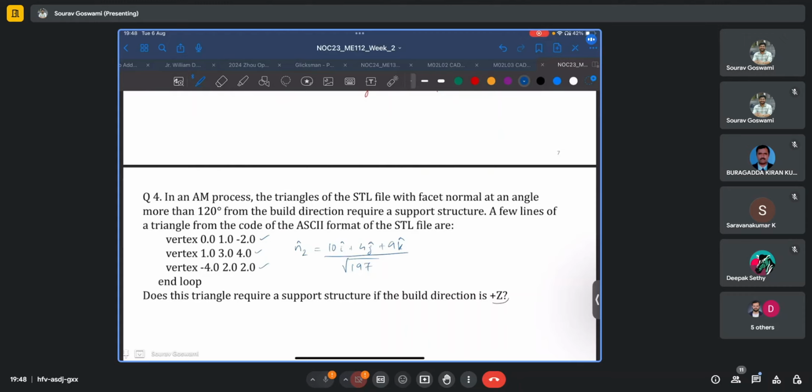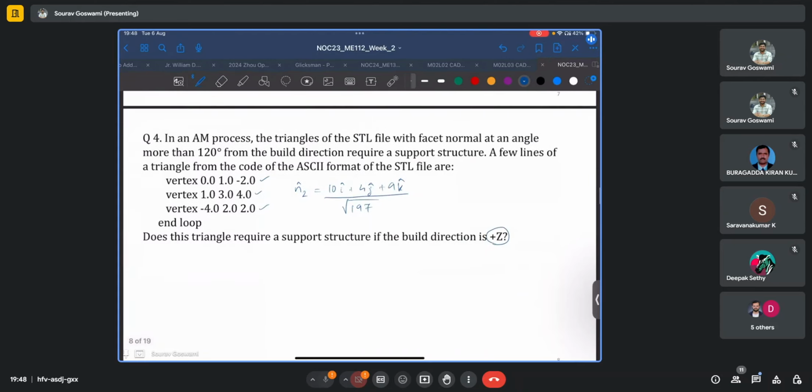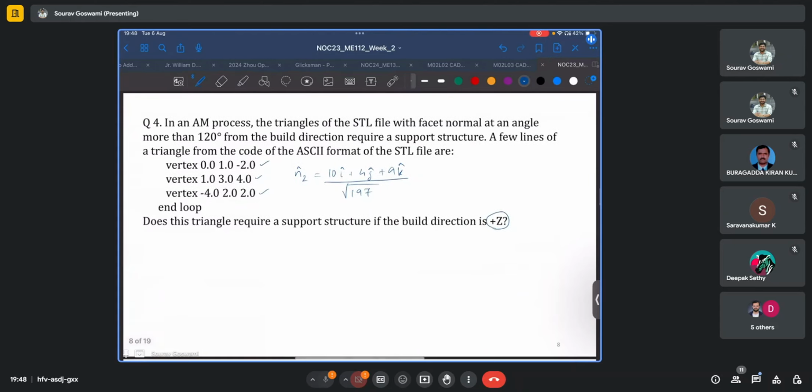The build direction is specified as plus z. Now we must find the angle between the build direction and this facet normal.